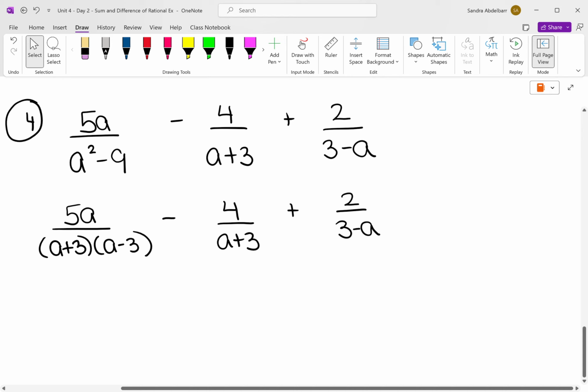Okay, so the first fraction has a denominator of a plus 3, a minus 3. The second one has an a plus 3, and the third one has a 3 minus a. Any way I can change that 3 minus a into an a minus 3?